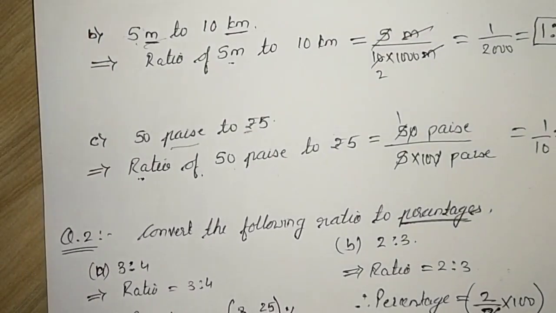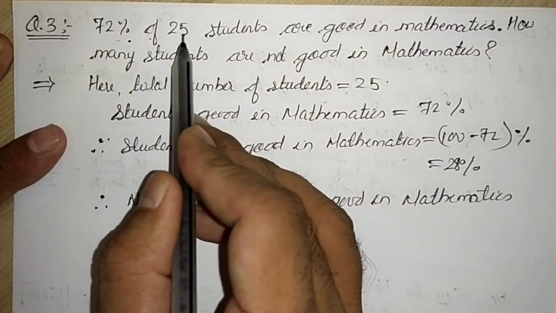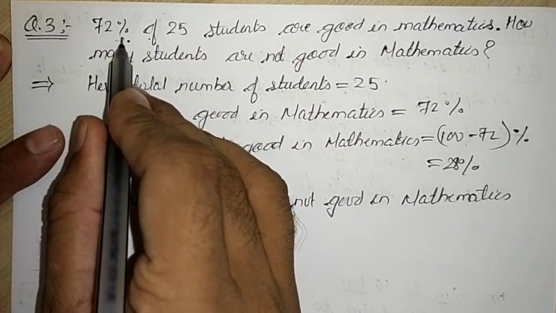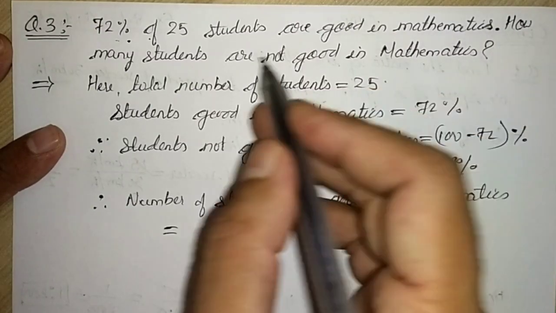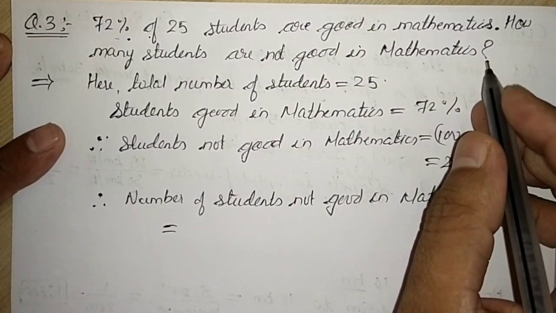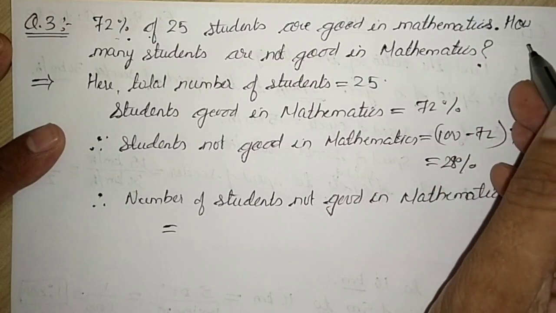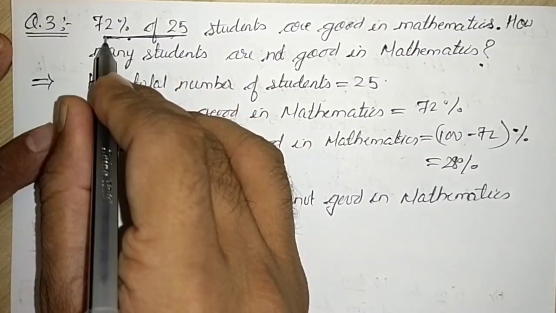Now let me write question number 3, then I will explain to you. I have written the question. So let me first read out the question. Question says out of 25 students, 72% of them are good in mathematics. We are supposed to find how many students are not good in mathematics. They have not told us whether to find it in the percentage form or in the number form, but they have given both the total number of students, 25, and also the percentage.